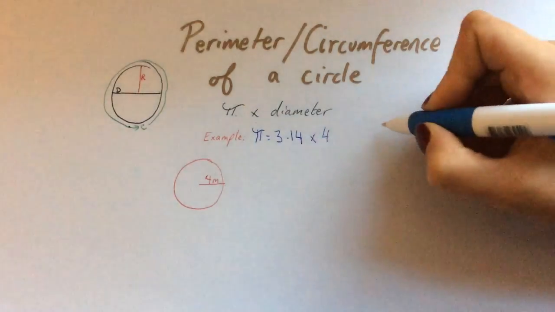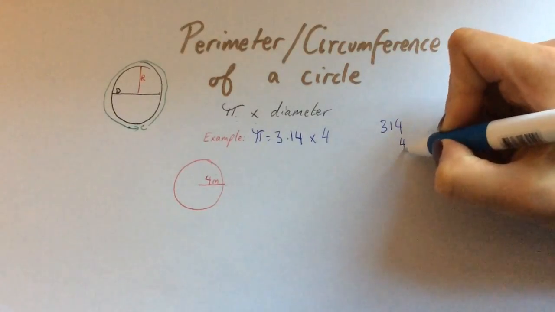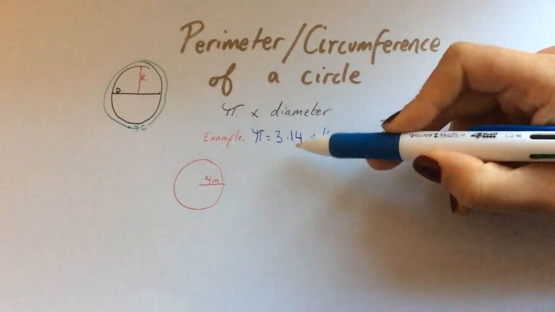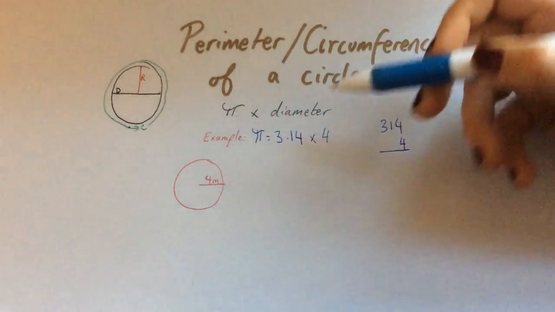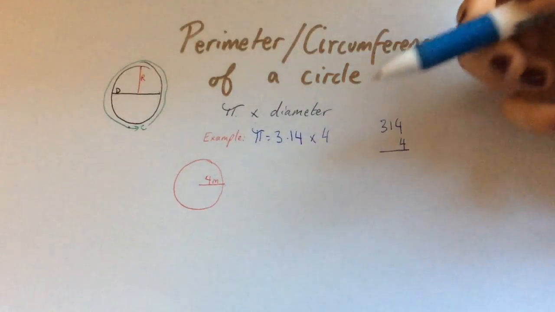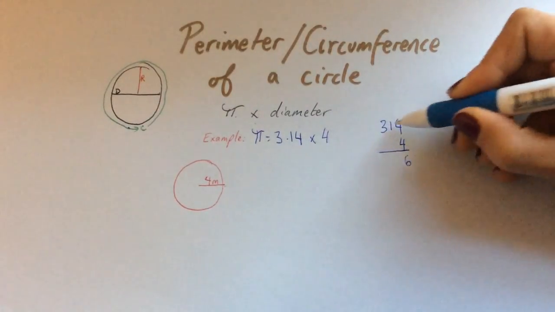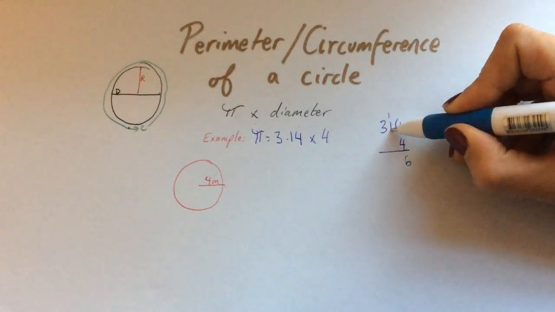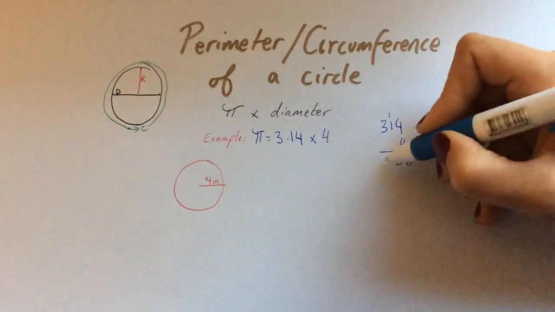Remember, when we're multiplying by decimals, we forget about the decimal and then we put it back in again at the end, depending on the place values of the digits after the decimal. 4 times 4 is 16. 4 times 1 is 4, plus 1 is 5. 3 times 4 is 12.